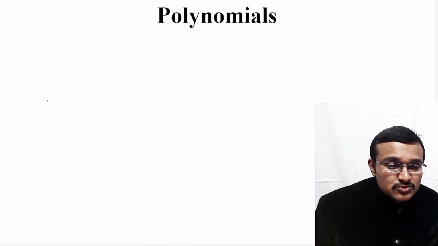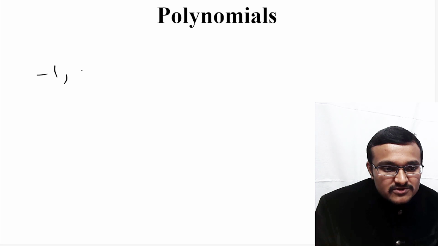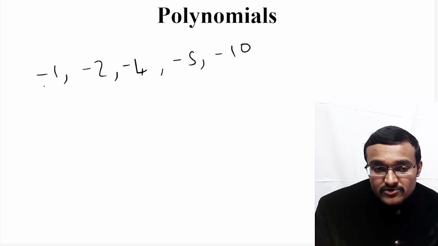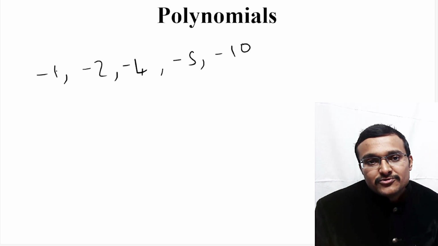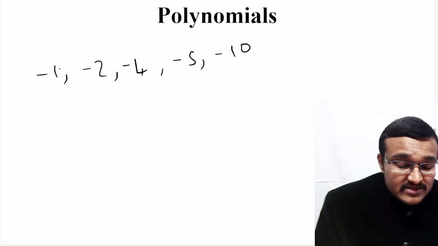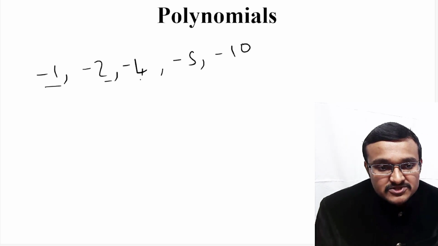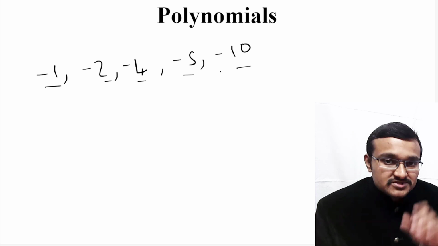Now for this 20, minus 1 is also a factor, minus 2 is also a factor, minus 4, minus 5 and minus 10 are also factors. These are the negative factors of 20. Now you have to see which of these will give you 0.